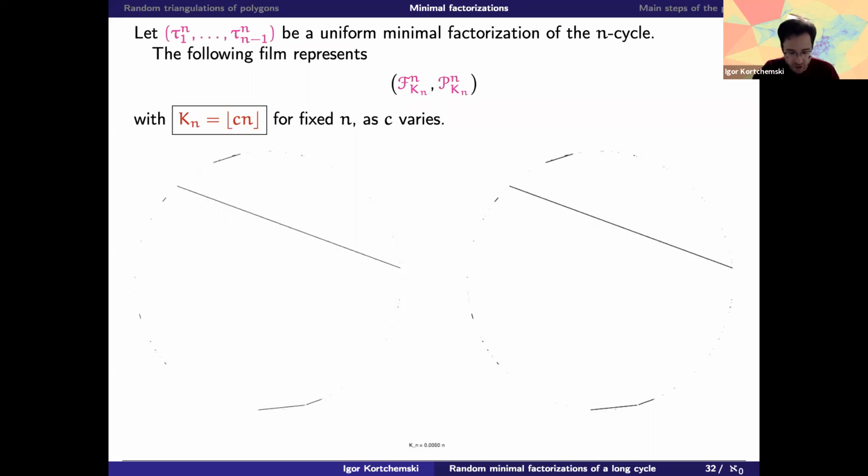So we did some simulations, and we first thought that maybe rather naturally a phase transition should appear when we read a positive proportion of transpositions. So here, n equals 20,000, and on the left you will see the increasing forest, and on the right the non-crossing partitions.